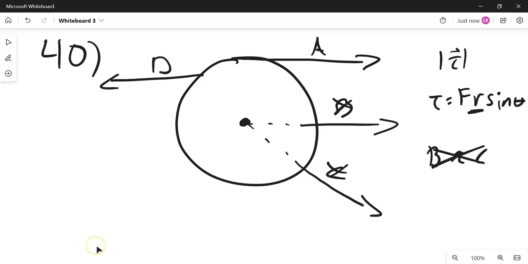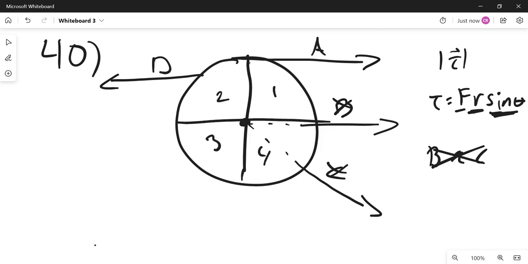A and D have the same amount of force and the same radius, so now we need to find their sine of theta. If we divide this into quadrants, 1, 2, 3, 4, then for A, theta is equal to 90 degrees, and sine of 90 degrees is equal to 1.